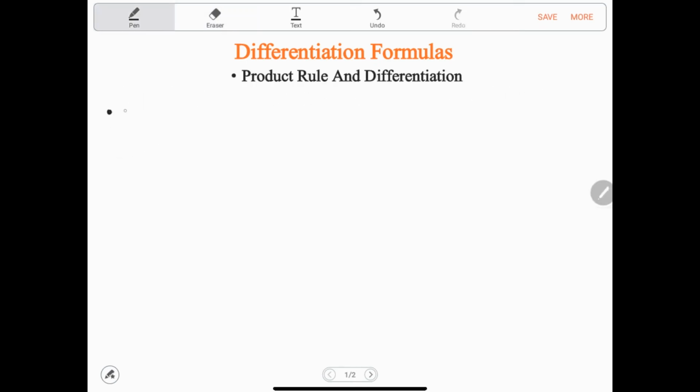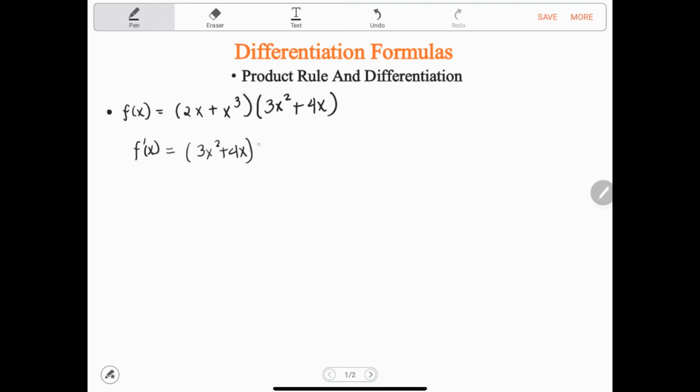Last example. If f of x is equal to the quantity of 2x plus x cubed times the quantity of 3x squared plus 4x, let's find the derivative. So first, we need to copy the second term, which is 3x squared plus 4x.